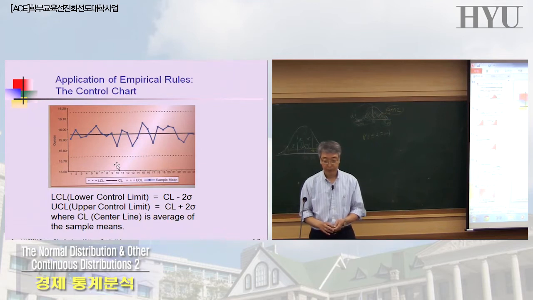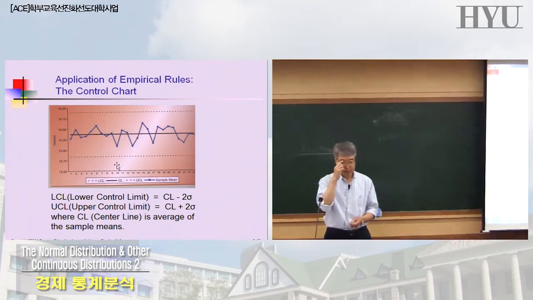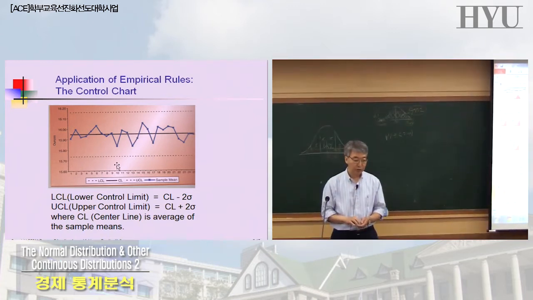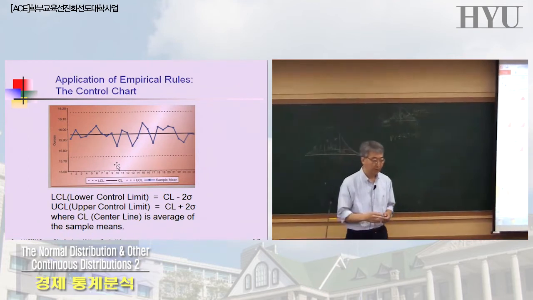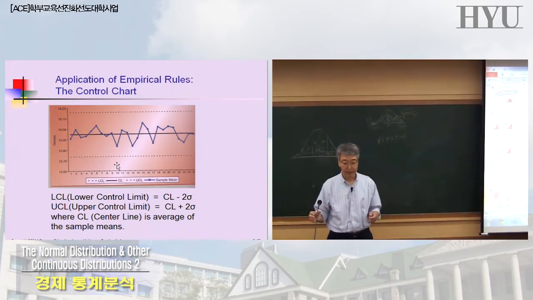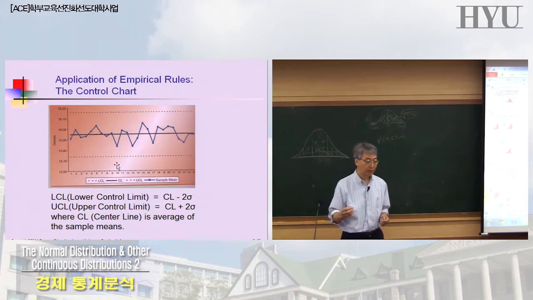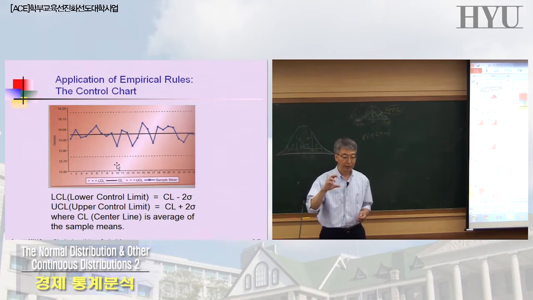And what that means is, when you select many different samples, I believe the quality control people will probably take a sample every hour to make sure the machine is working fine, okay? So this is sort of the grand mean of the means. So every hour maybe they randomly select about 10 bottles, and measure the exact content of each bottle, and calculate the sample mean of those 10 bottles.